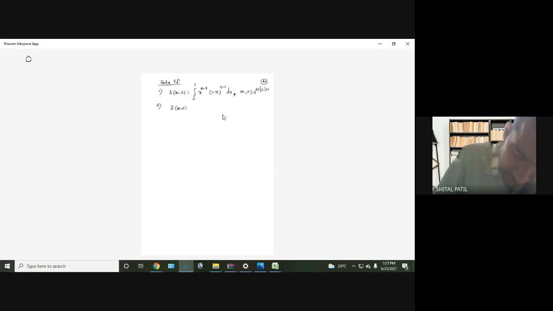Then we studied the second form of the beta function, 0 to pi by 2, sine raised to 2m minus 1 theta, cos raised to 2n minus 1 theta, d theta. Third, we wrote the beta function in this form also.